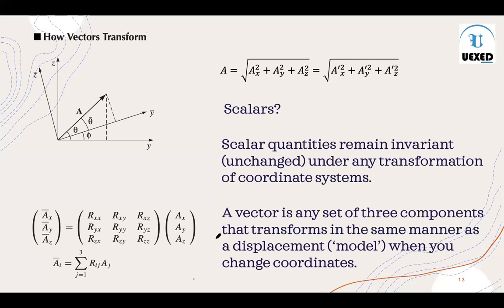But here we talked about a transformation where my coordinate space is changing, or rotating. If you compare these two definitions, a vector is any set of three components that transform in the same manner as a displacement when you change the coordinates, but under this change the magnitude of the vector is not changing. You understand my point?